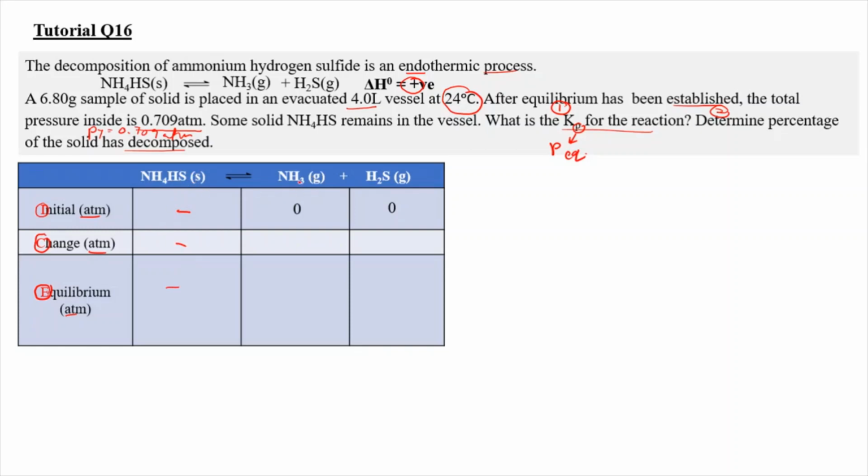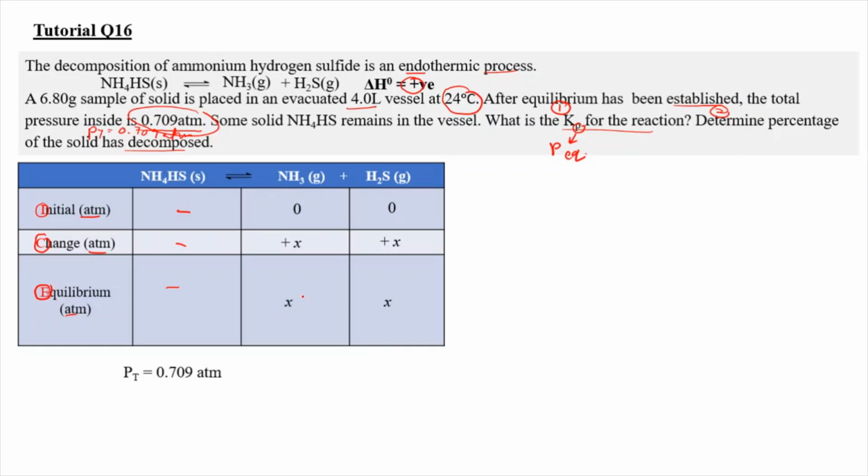As time goes by, the pressure of ammonia gas will increase by plus X, similarly for the hydrogen sulfide gas. At equilibrium, it is going to be X and X as well. From here, you know that the total pressure is 0.709.